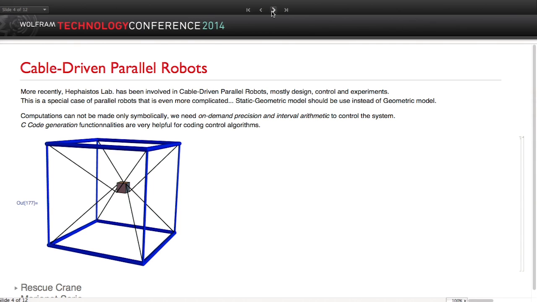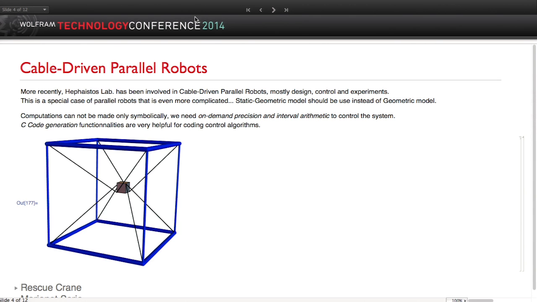It could be the same, but it's even more complicated for two reasons. The first reason is that on a cable you cannot push, you can just pull. And so you need to have more cables to ensure that you can move in all directions.